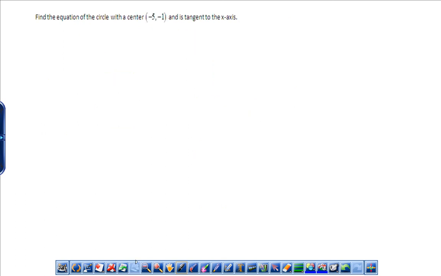One more problem for you. It says find the equation of a circle with a center at negative 5, 1 and is tangent to the x-axis. Okay, I just wanted to make sure that you knew what this was, tangent. And so I'm going to do a little sketch again. This is my center, and this is all we know.